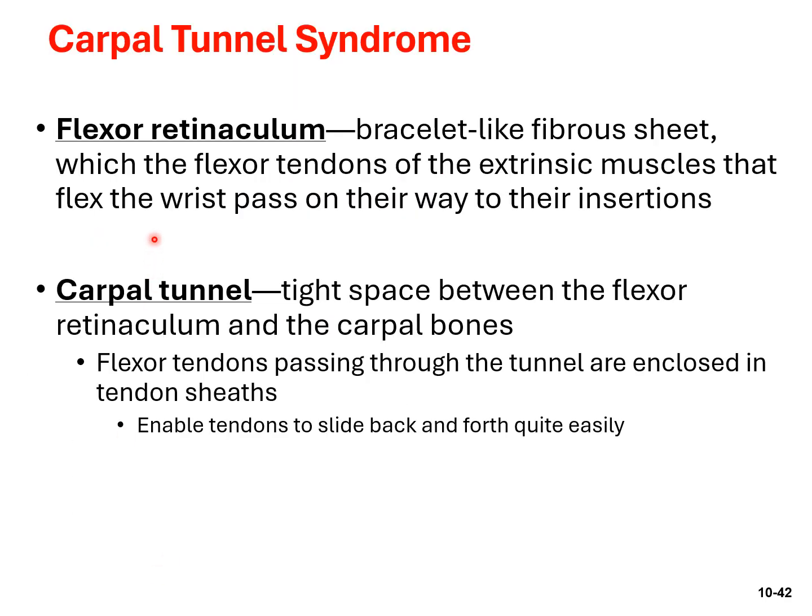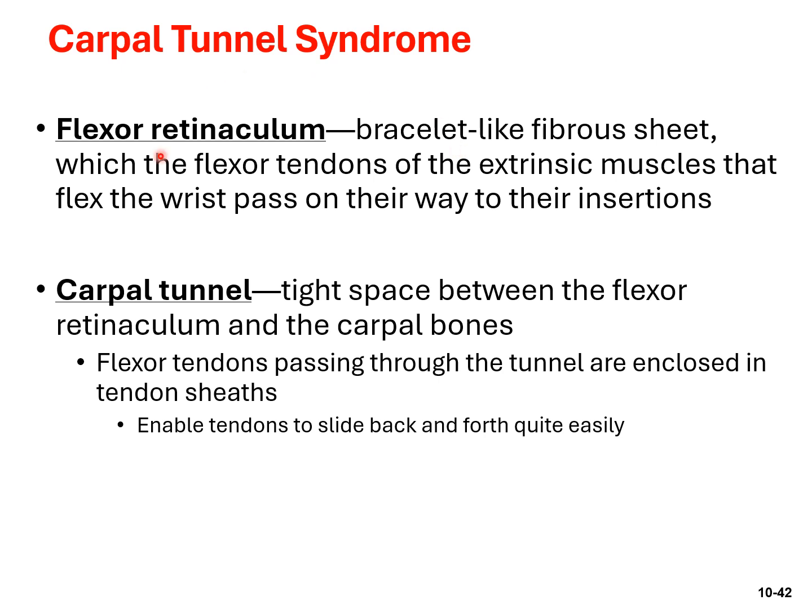One thing to think about, we talked about the flexor retinaculum and carpal tunnel when we talked about how tendon sheaths wrap around muscle and tendons. So the flexor retinaculum is a bracelet-like fibrous sheath which the flexor tendons of the extrinsic muscles that flex the wrist, that means the ones on the front, pass through on their way to their insertions.